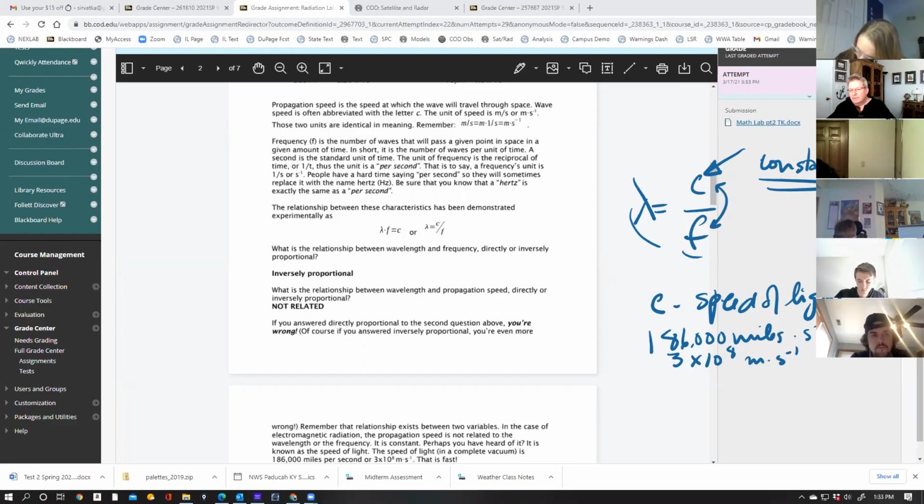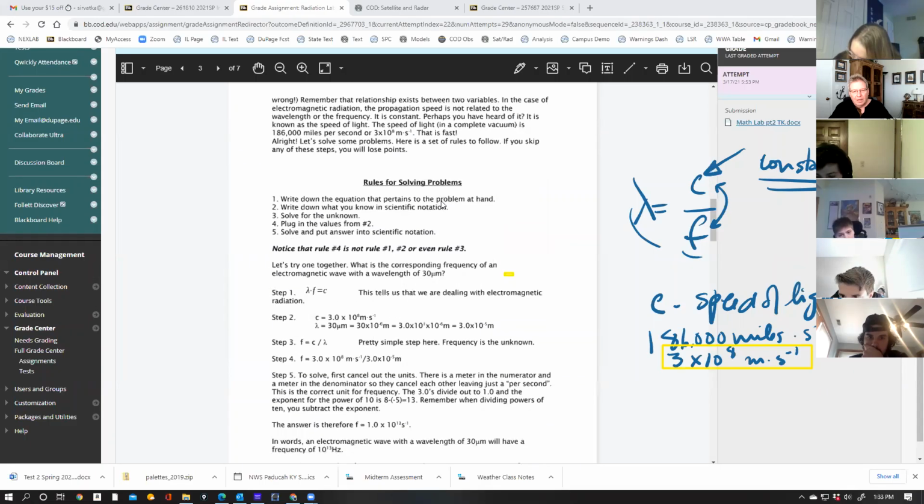So this number here, 3 times 10 to the 8th meters per second, is always going to be the case, and you always need to know that, okay? That is just going to be the case. So that's the only number you need to worry about. Okay, any questions up to that point?